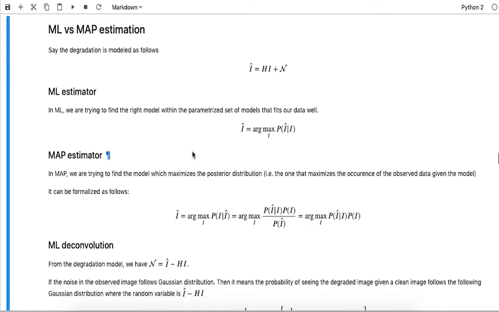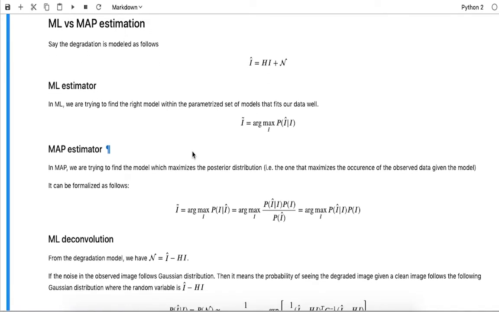So that is maximum likelihood, and in the MAP estimator, a very subtle difference, what we're trying to do is maximize the posterior distribution. So we try to pick a model which maximizes our posterior distribution given the data.